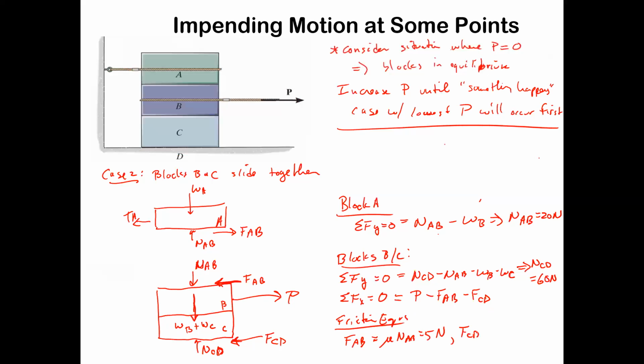And FCD equals mu NCD, which equals 15 newtons. So we plug those in, and this tells us that P equals 20 newtons.